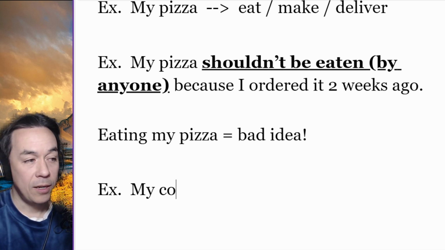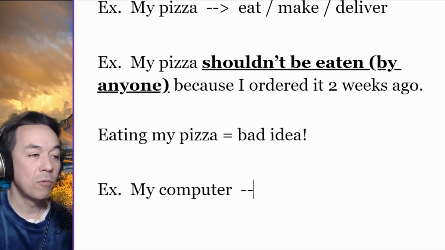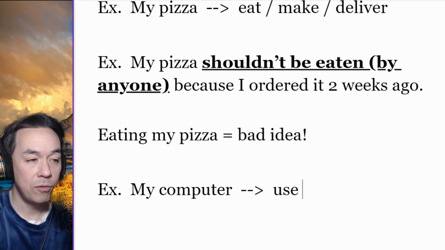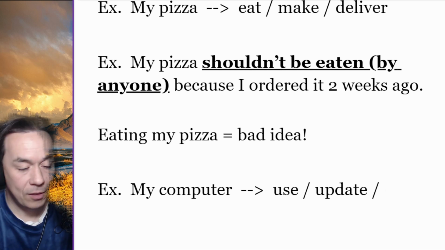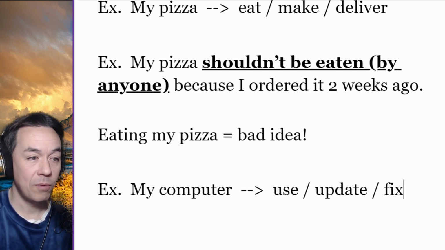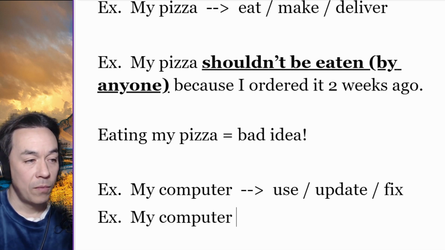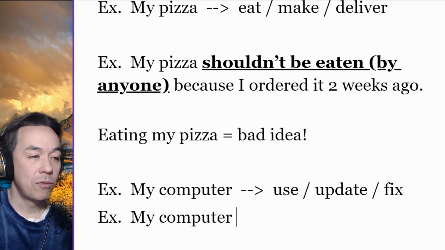What do I got? Oh, my computer. So what are some usual verbs? Let's say use, update, or let's say fix the computer. I update the computer. So let's see if I can make one here. So my computer, and let's use used, but we're going to say past tense or used.